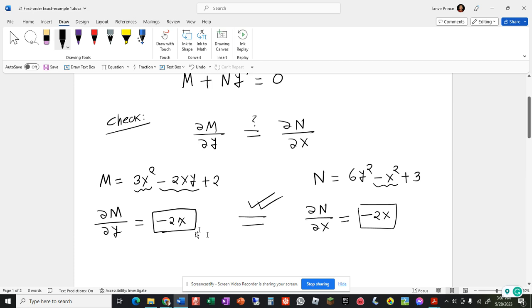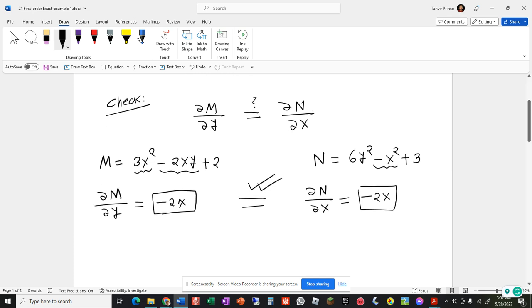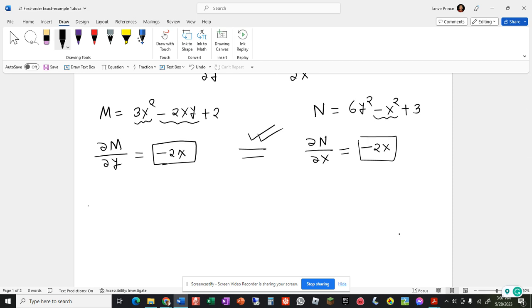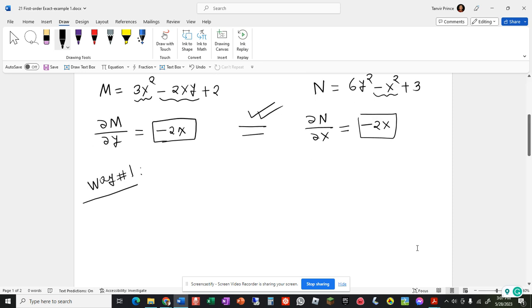So how can we find the potential function phi? There are two methods actually. I'm going to show you two ways of doing it. So let's start with way number one. We're looking for a function phi, which is a two variable function, so that the partial of phi with respect to x is M, which in this case is 3x squared minus 2xy plus 2.